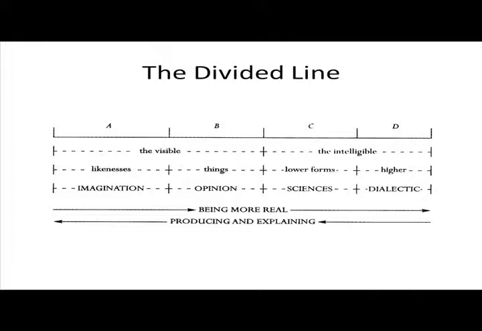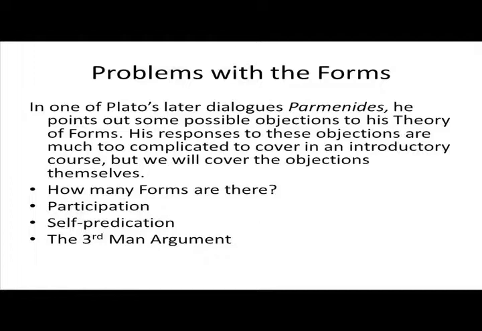So it's not that the images or the shadows aren't real; they just have less reality than the true forms. Right? They always are as they are. They have full being. But even though he says they're real and they are the most real things in the universe, there are still some problems with them, which he is all too happy to point out.